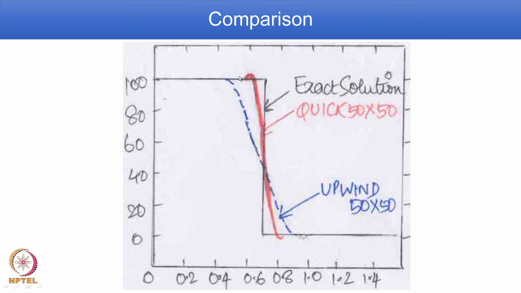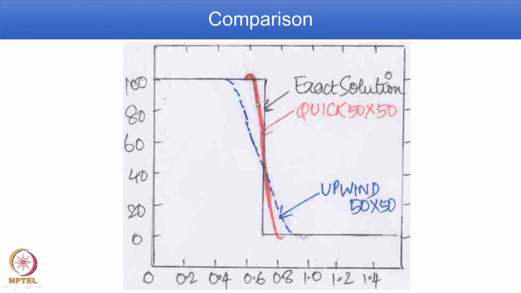If you use pure upwind with a mesh size 50 by 50, you get the solution as shown in blue color, and for the same mesh size if you use QUICK scheme, then you get the solution marked with the red color.